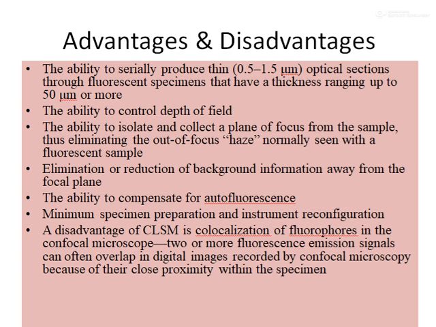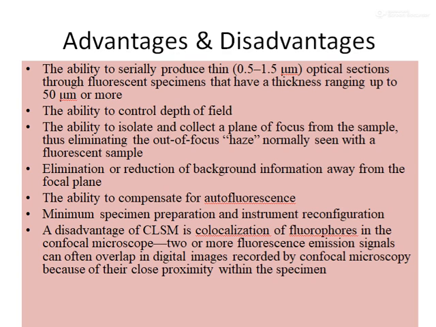You can also eliminate or reduce the background information away from the focal plane, and you can compensate for autofluorescence also. And minimum specimen preparation and instrument reconfiguration is needed in confocal laser microscopy. These are the advantages which we talked about in the beginning.